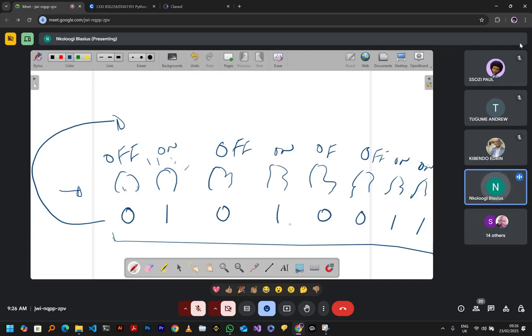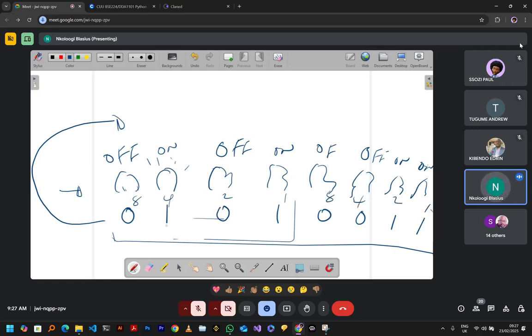So if I wanted to convert this one to base 10, what would I have? Or hexadecimal. If it was hexadecimal, then I would have this one as 1, 2, 4, 8, 1, 2, 4, 8.